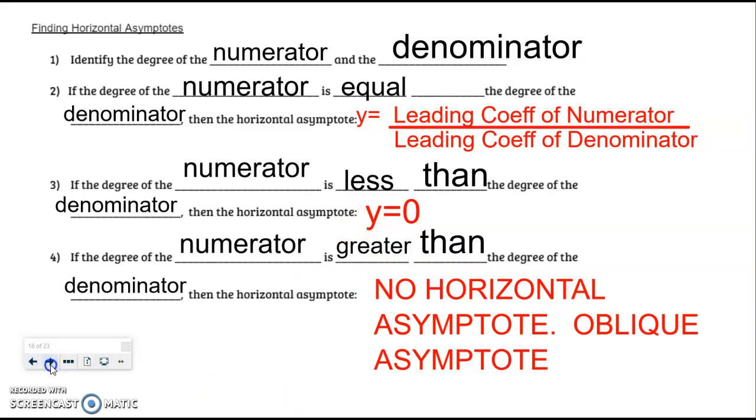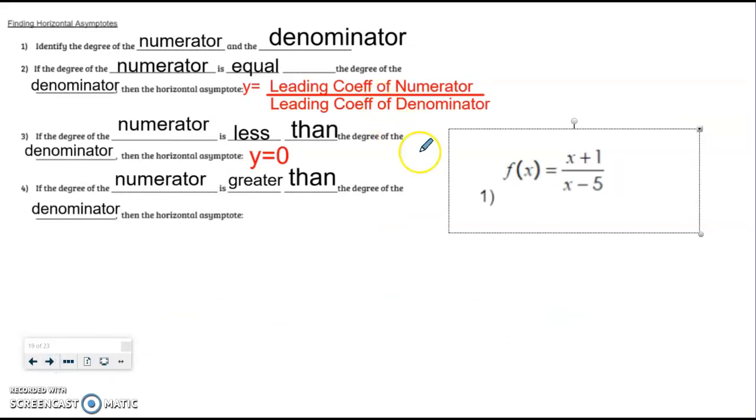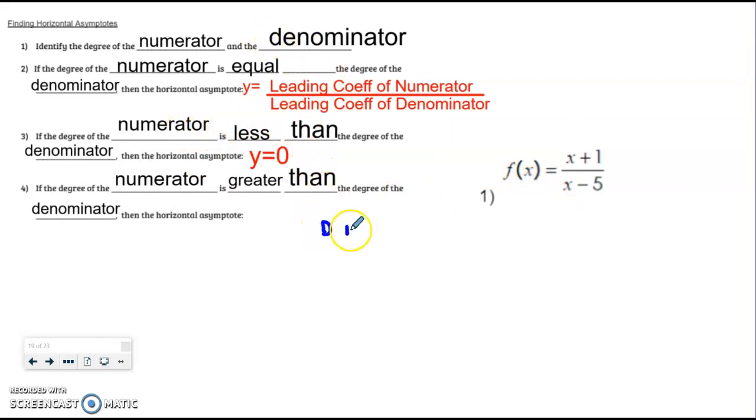All right, so let's look at a couple situations in which we're trying to determine where the horizontal asymptote is, if they have one. We're looking at a similar question to the one we started off the first video with. We're looking at f of x equals x plus 1 divided by x minus 5. Let's look at the degree of the numerator.